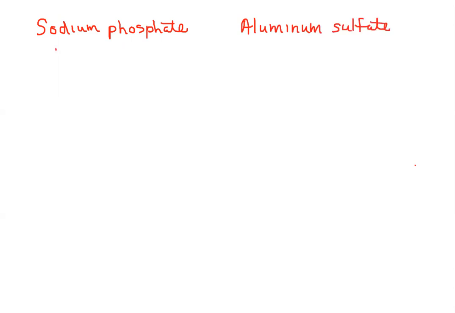Okay, sodium and phosphate. Phosphate is PO4 with a -3 charge, and sodium has a +1. So that becomes Na3PO4.